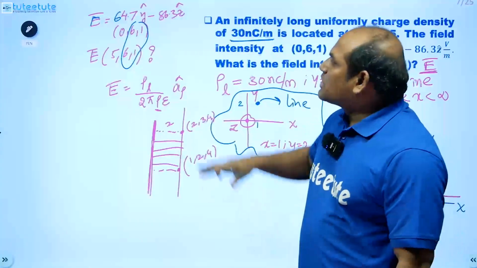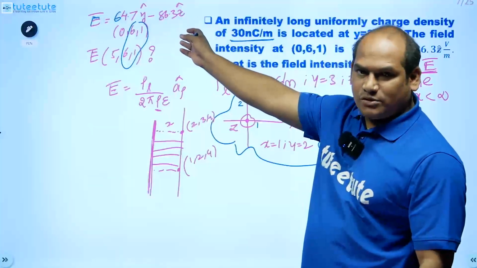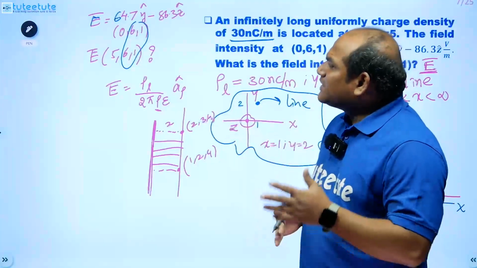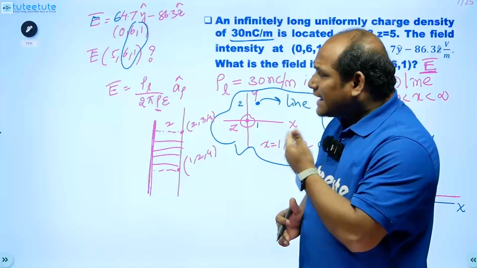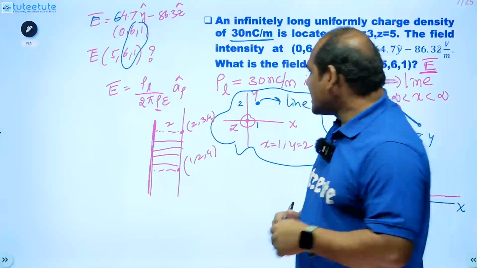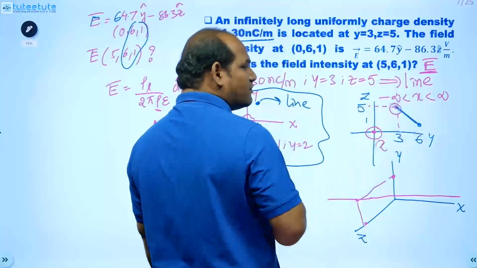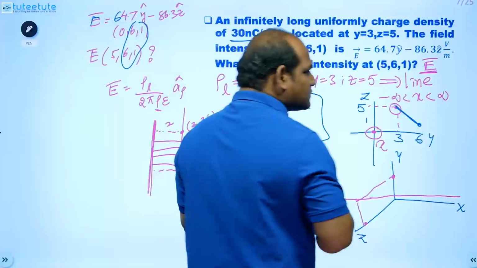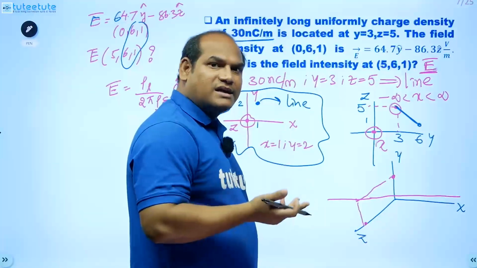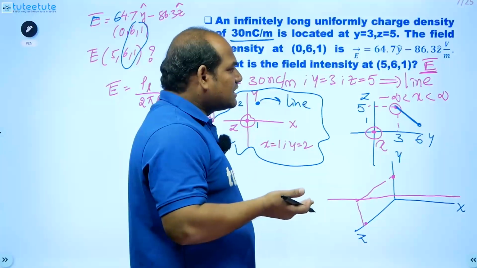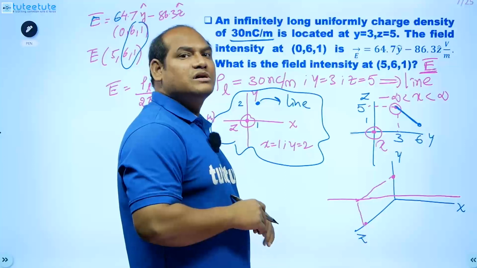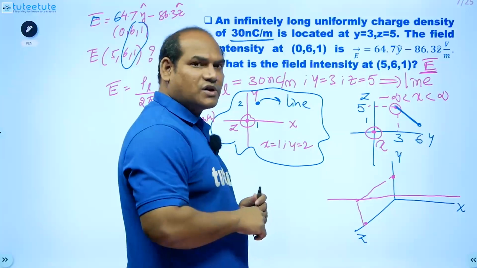The question is related to that concept. Here the line charge is parallel to the x-axis, and along the x-axis the observation point changes from 0, 6, 1 to 5, 6, 1. So the point 5, 6, 1 has the same perpendicular distance, and that's why we get the same electric field. That is what you need to understand.